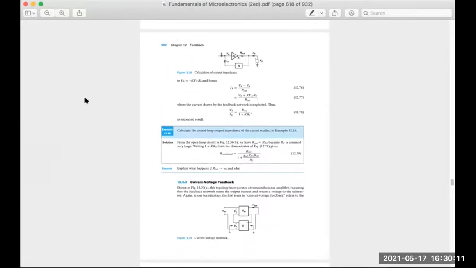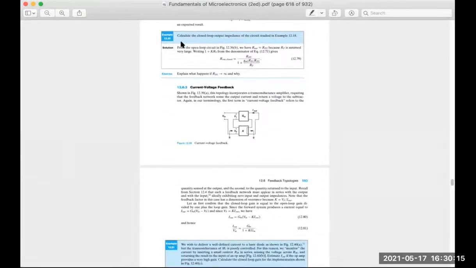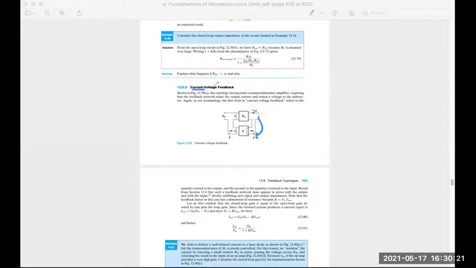There are other networks, so we studied 2 of them. There is current voltage feedback, which I didn't really get into the details, but you get the current and feedback output is voltage. So of course, this amplifier is a volt current amplifier. And what is a voltage current amplifier? Anybody knows what is it called? Or anybody has a guess? Well, the previous one was called transimpedance amplifier. Transconductance. Aynen öyle.